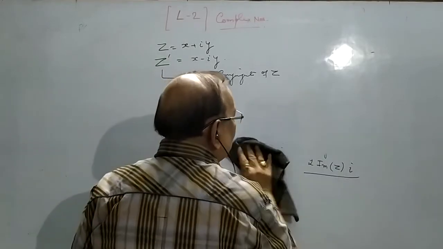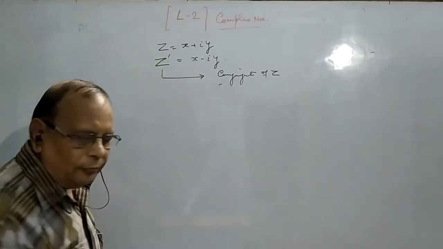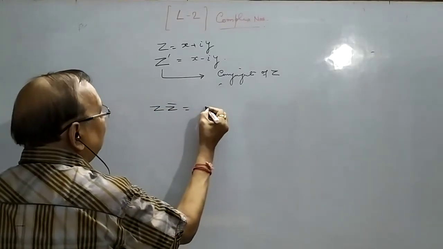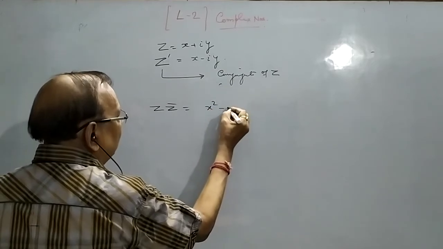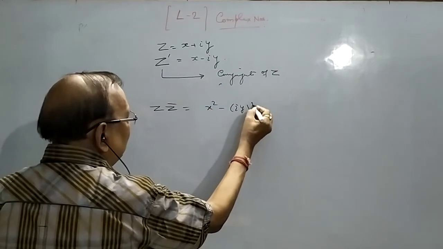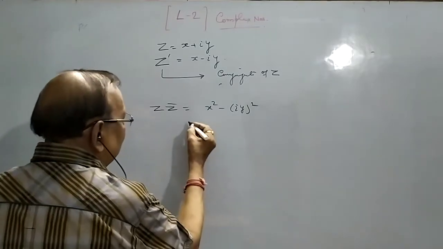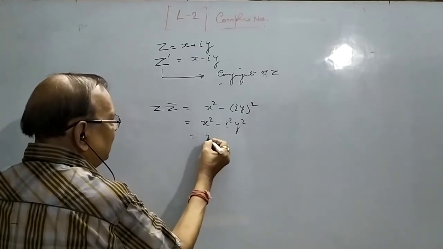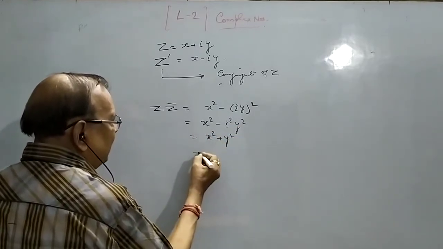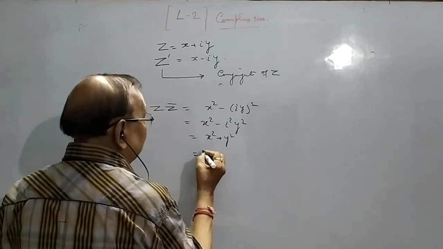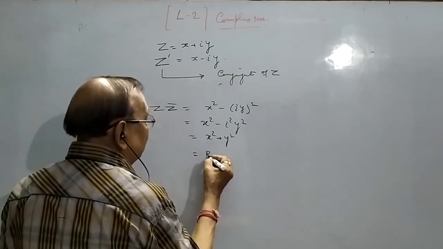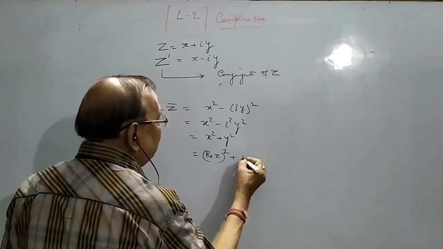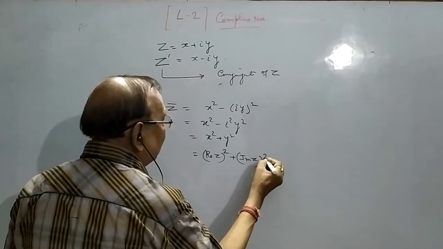Now, product of conjugates. If we consider z into z conjugate, it will be x square minus (iy) whole square, a square minus b square formula. That means x square minus i square y square, that means x square plus y square. That means real part of z whole square plus imaginary part of z whole square.